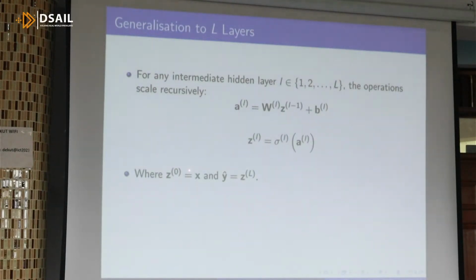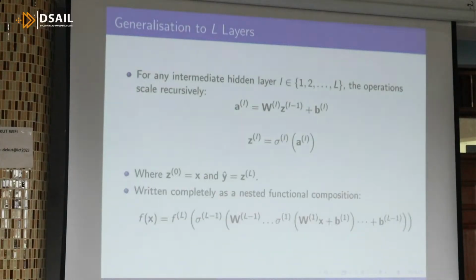Where Z0, of course, would be X, because it is what is coming as inputs. And Y is ZL. This is just convenient mathematical language, but all we are saying is that the output is basically the activated value of the last layer, right?